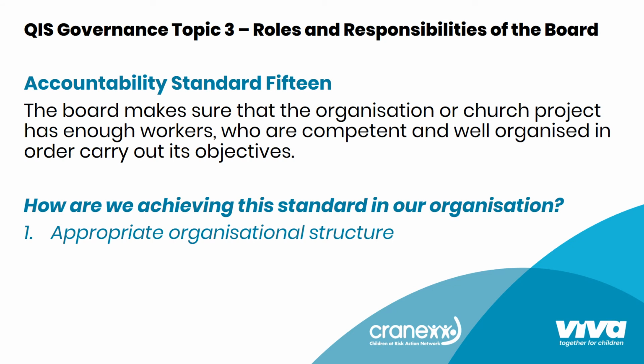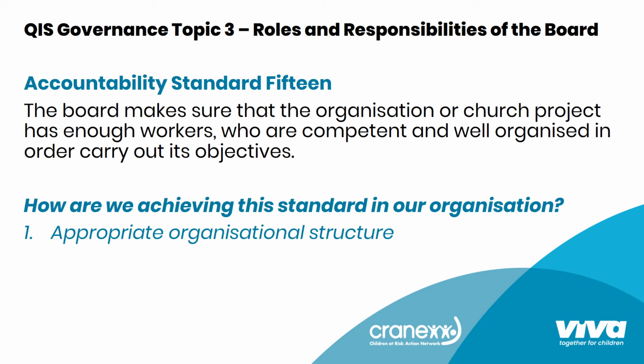And standard 15, which is the last in this series of 9, the board makes sure that the organisation or church project has enough workers who are competent and well organised in order to carry out its objectives.